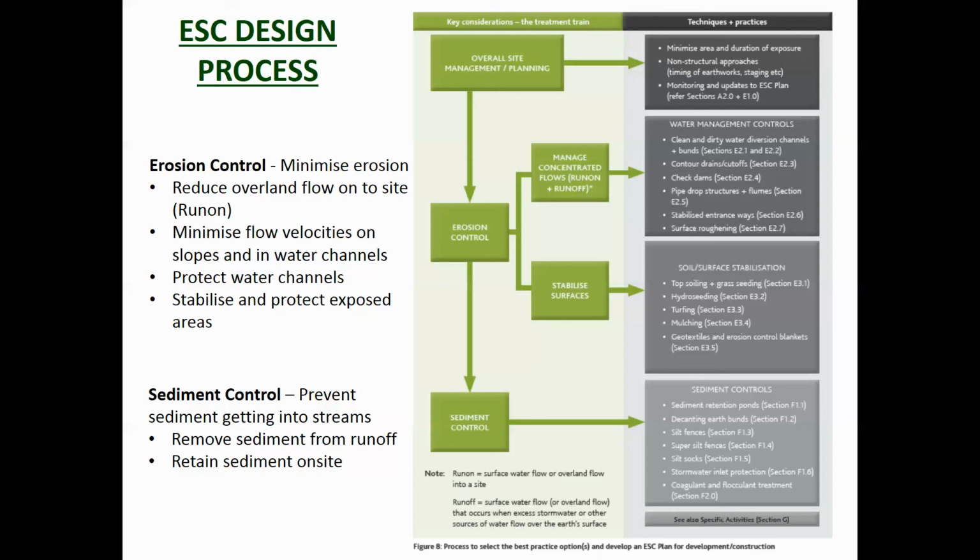Even if you try to minimize erosion, sediment is still going to be produced, and your job is to pick up that sediment before it gets into the natural water system. That's what that second layer is about, preventing the sediment getting into the streams. So you remove it from the runoff and you retain the sediment on site, and then you let the clean water go into the natural water system. This chart here is really quite useful. It shows a summary of what we're going to be covering in the next few videos.